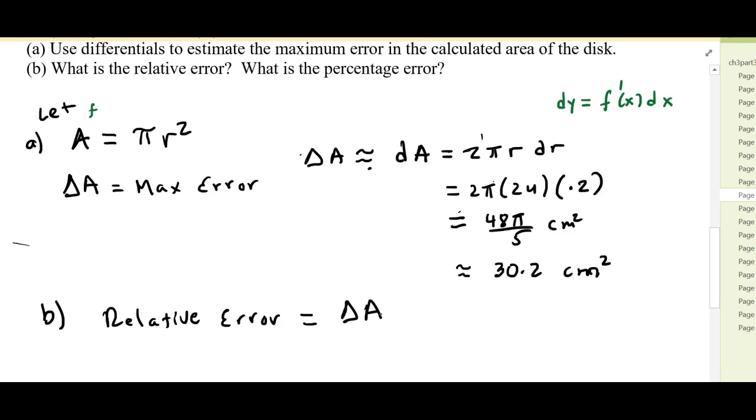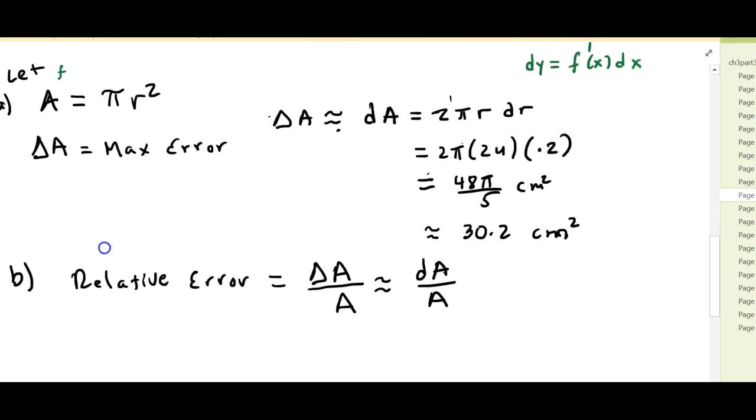The formula is the max error that we calculated, and then the true. This is going to be the true relative error. So delta A divided by A. So the max error divided by the area. We can approximate that relative error by looking at dA instead, just like we approximated the delta A. dA we said was 2 pi r dr, right?